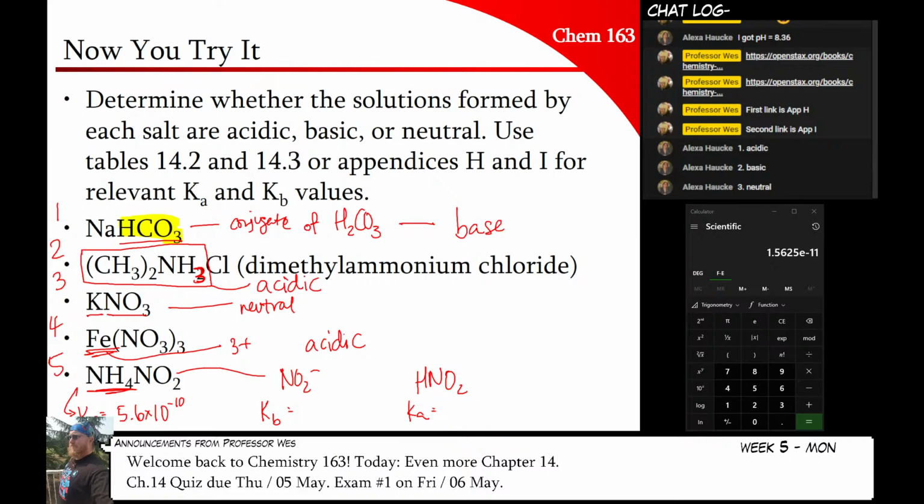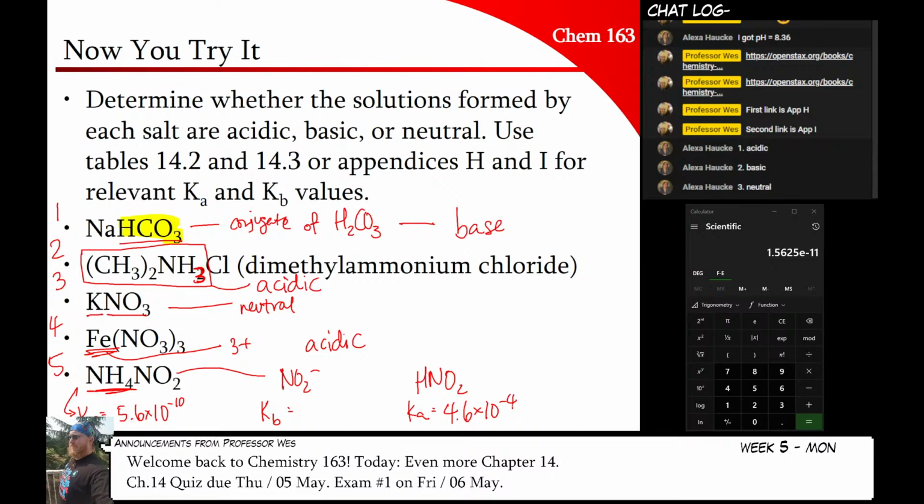I closed the link, so I have to go use that. There we go. All right, there is the Ka for nitrous acid.